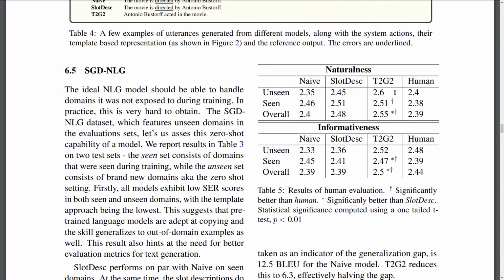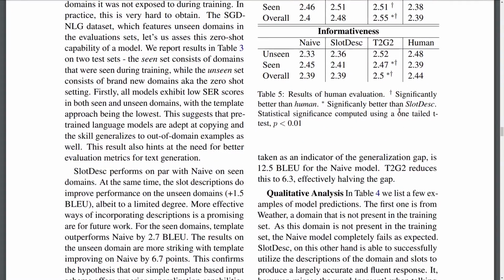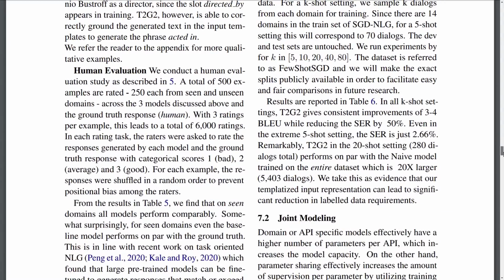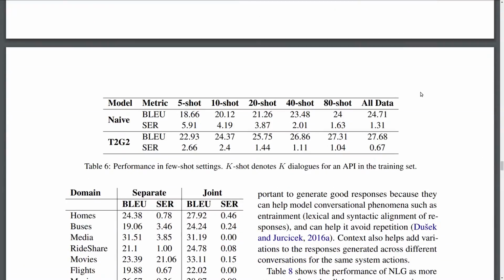And I'm not sure why this is the case, but if I have to speculate, perhaps T2G2 is better able to handle somehow the knowledge provided by previous steps in this pipeline. I don't know. But very interesting.